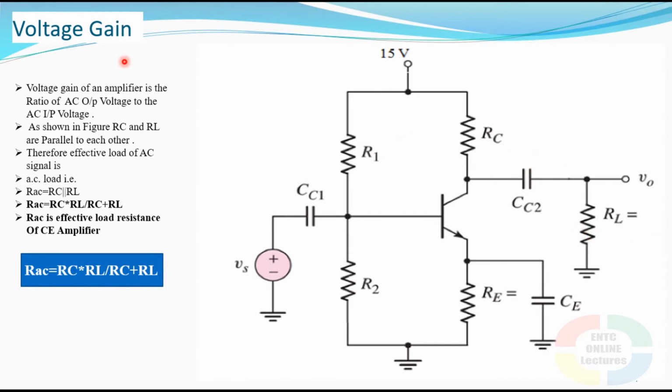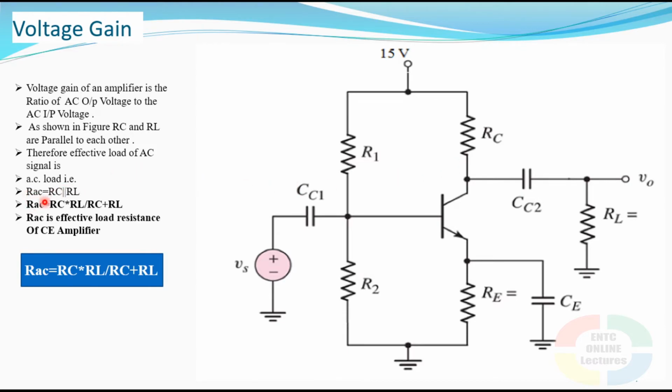As we know, voltage gain is the ratio of output voltage to the input voltage. So to find out output voltage, we have to find out what the output resistor is. Here we got two resistors, RC and RL, which are parallel to each other. So we have to find the equivalent resistor across the output. To find the equivalent or effective load, we have to find the total output resistor.